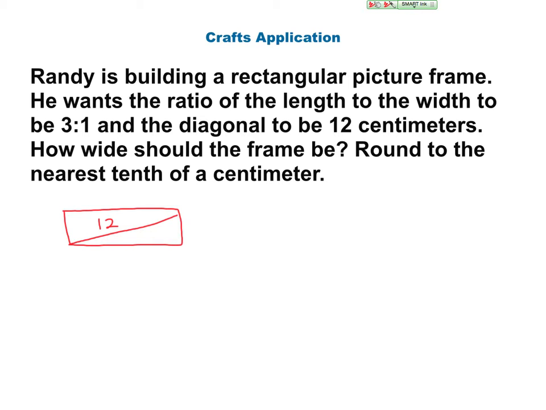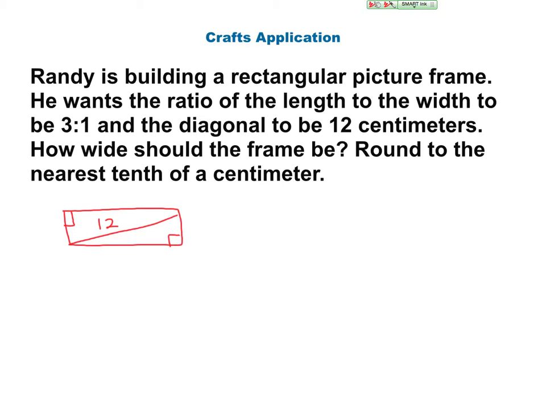If it's a rectangle, the corners are right angles. So basically, they're setting up a story problem with what figure? Right triangle, 2 right triangles, right. So we're going to use the Pythagorean theorem, but what are we going to use for the length and the width?